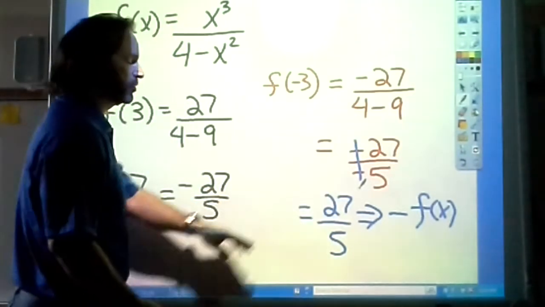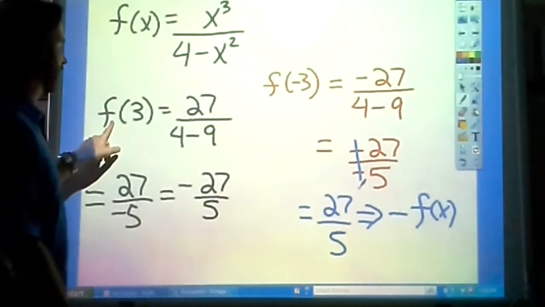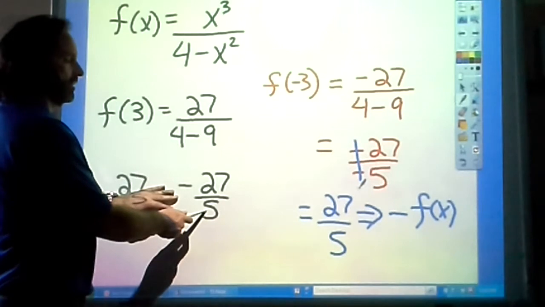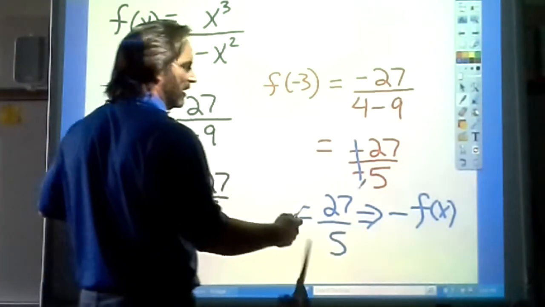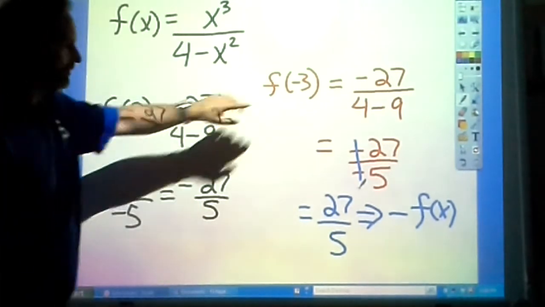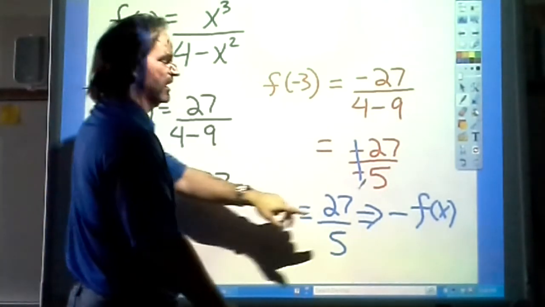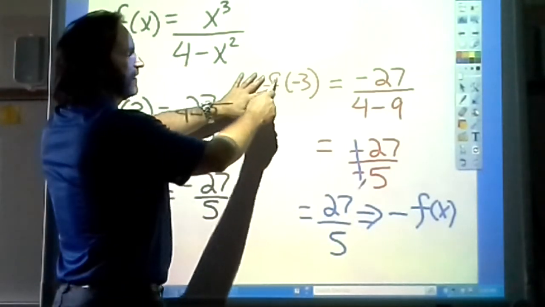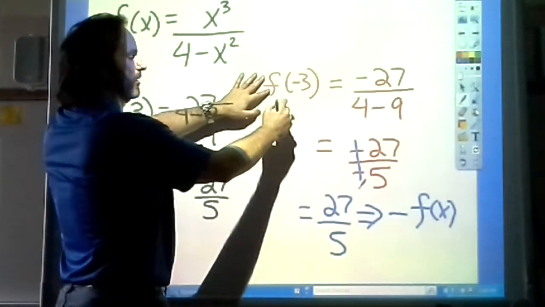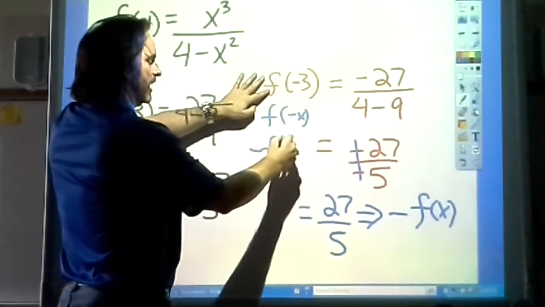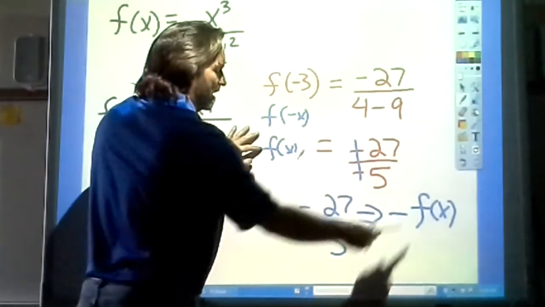So we proved it. What's f of x? f of 3 was negative 27 over 5. If it's an odd function, f of negative x is going to be the opposite of f of x. Here's the f of negative 3 right here. If that's an odd function, it's going to be negative f of x, and that's what we have here.